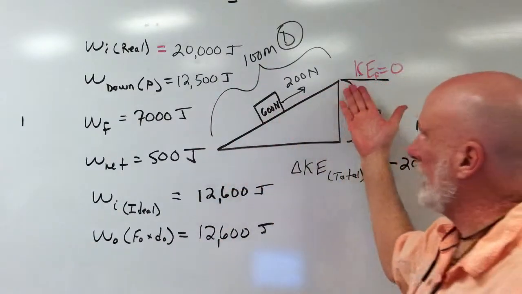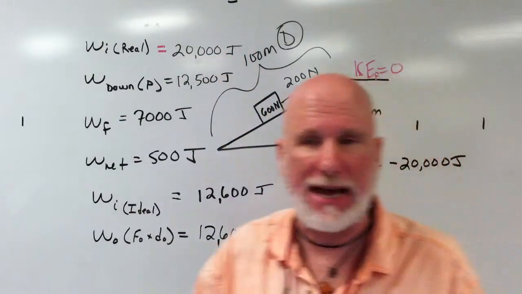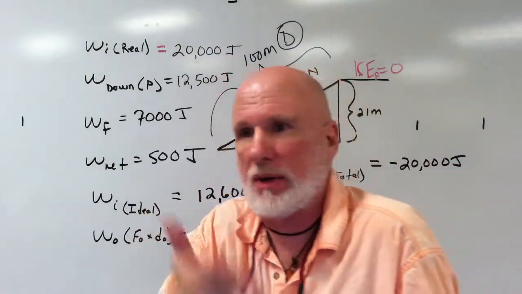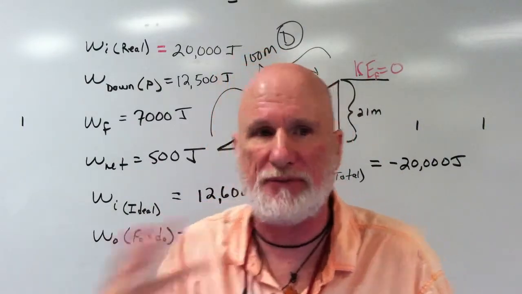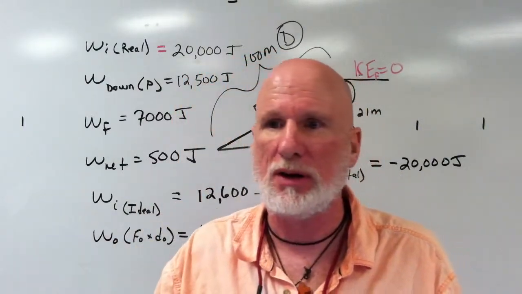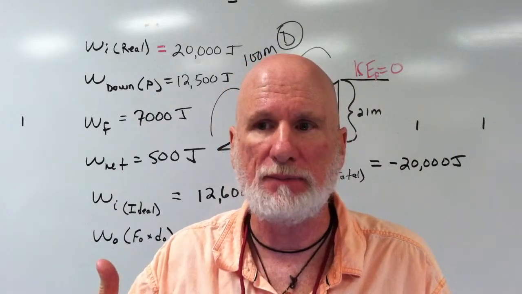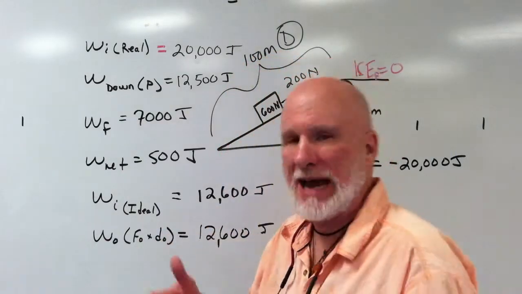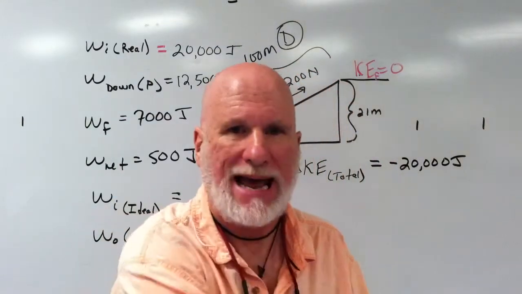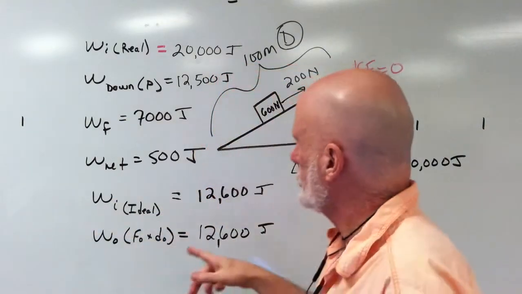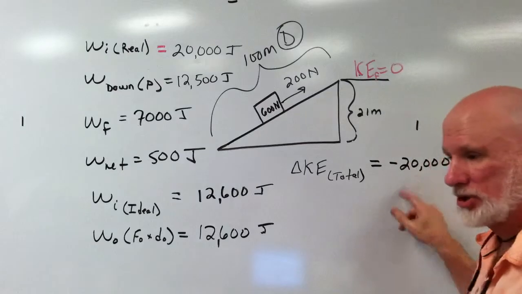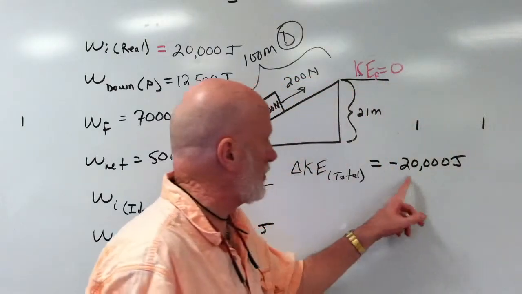And in order to get there, in order to burn all this stuff up, I had to start with 20,000 joules. Otherwise, I would never have gotten up to the top. I had to overcome friction. I had to overcome the downward pull of the skier, the natural tendency to want to roll back down or slide down the slope. So I needed 20,000. It's negative 20,000.